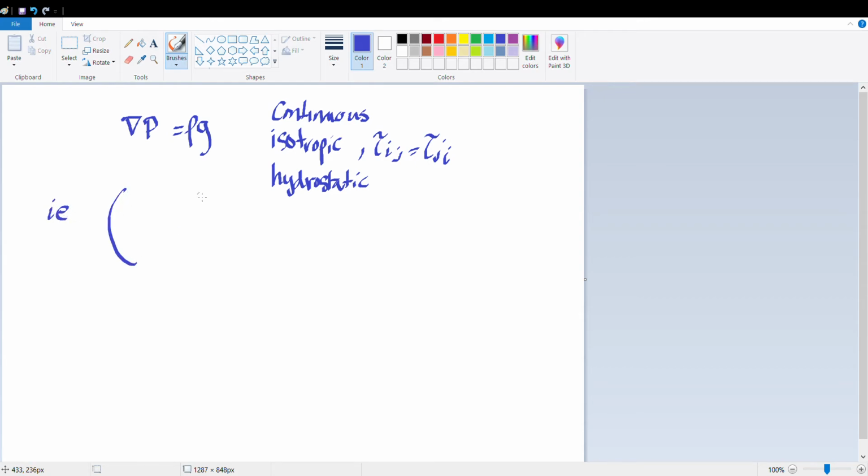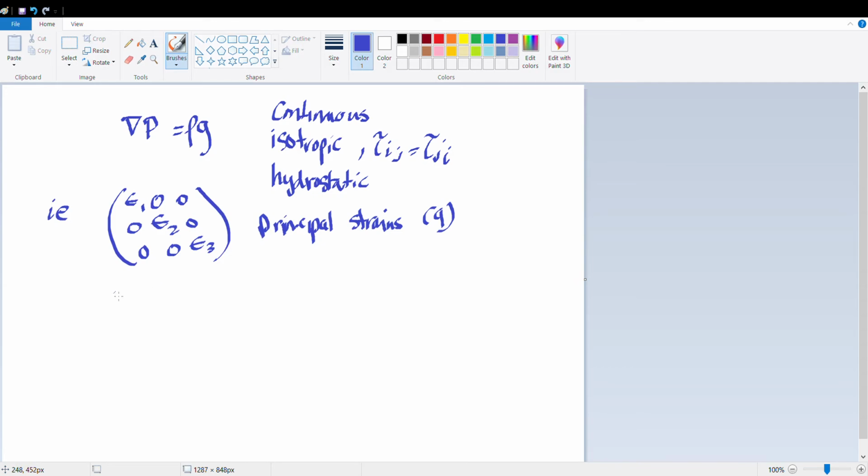That means that if you have your stress tensor, you're only going to have strain rates down the middle, that's 1, 2, and 3 for x, y, and z, and all your off indices are 0. Okay, that's what that means. These are called the principal strains, and we'll give that number 9.